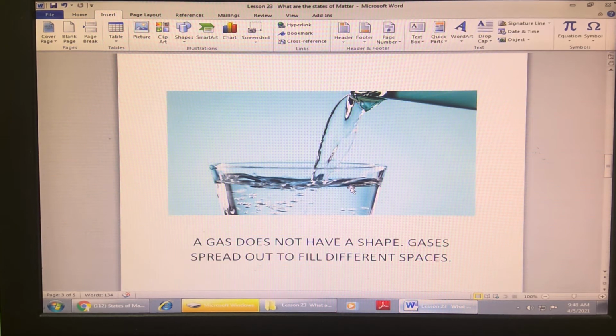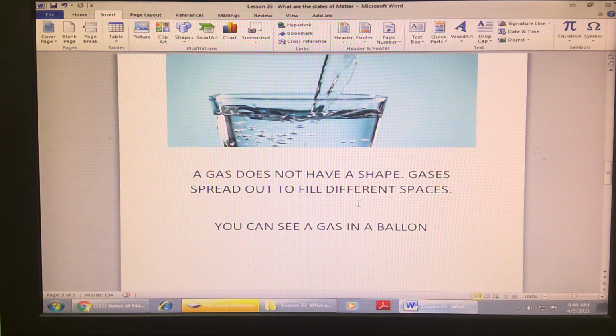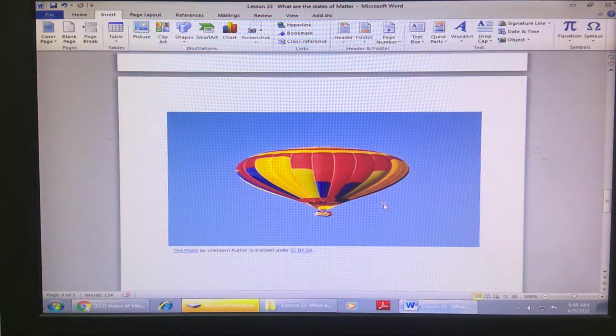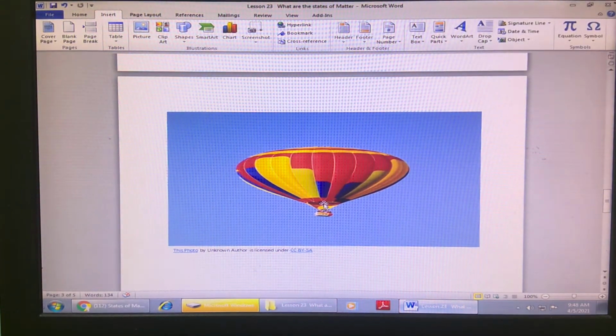A gas does not have a shape. Gas spreads out to fill different spaces. It's hard to see a gas. Water we can see, ice we can see, but a gas is a little harder. Where can you see gas? Well, you can see it clearly trapped in a balloon. Why does this balloon float?